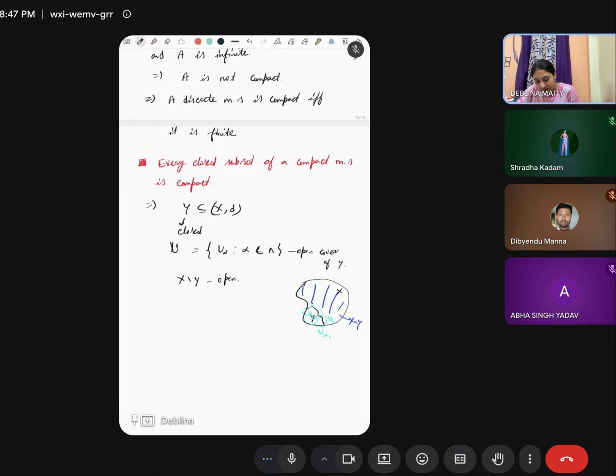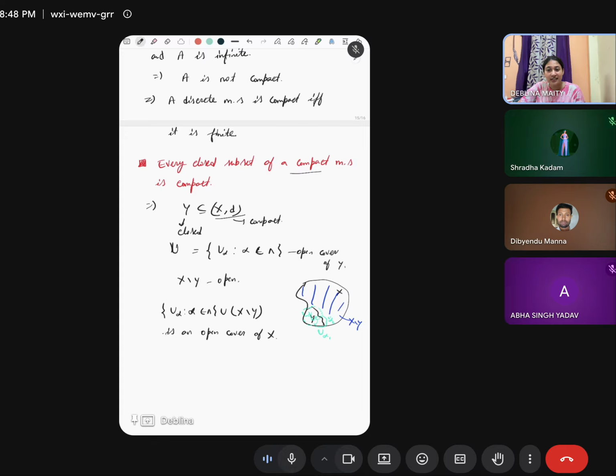So now this set, U alpha, alpha belongs to Lambda, union X minus Y, this covers X, and this is an open cover because the U alphas are open and X minus Y is also open. So this is an open cover of X, and the whole space X was compact.